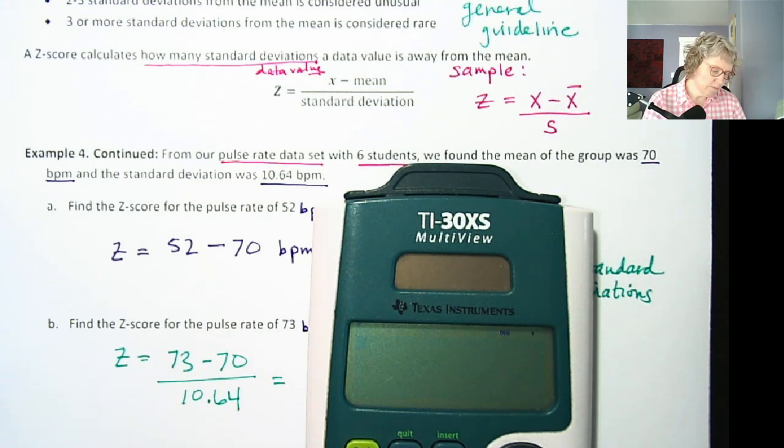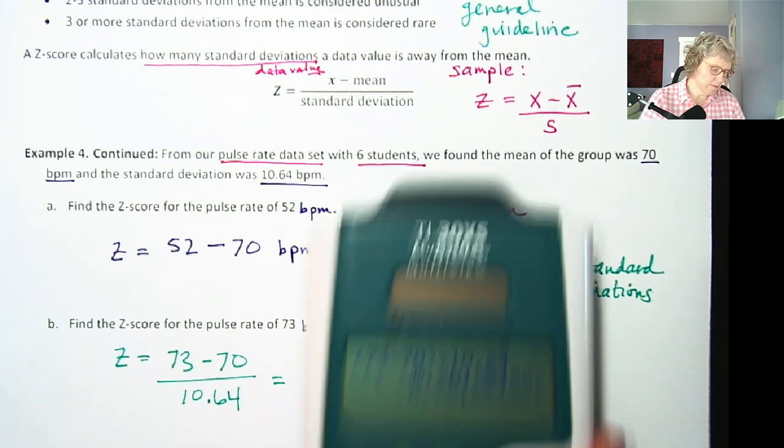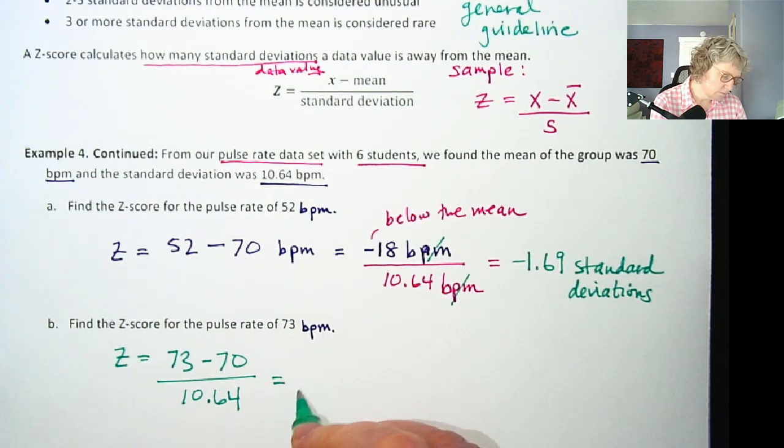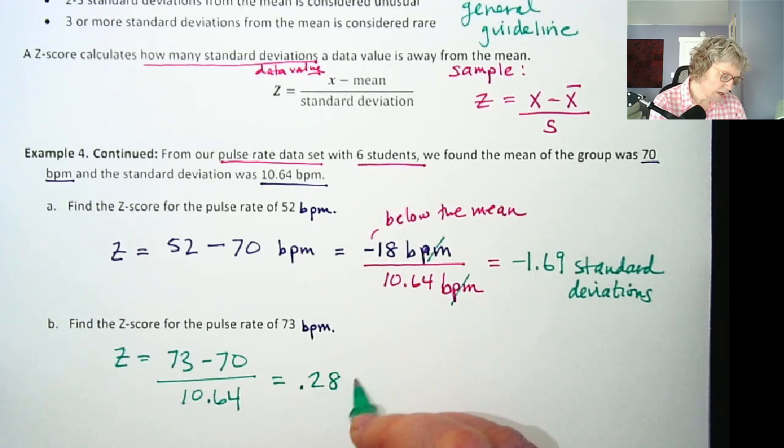You can do it in one step if you put parentheses, 73 minus 70 in parentheses divided by 10.64. So that's another way to do it. And I'm getting 0.281, so 0.28 standard deviations.